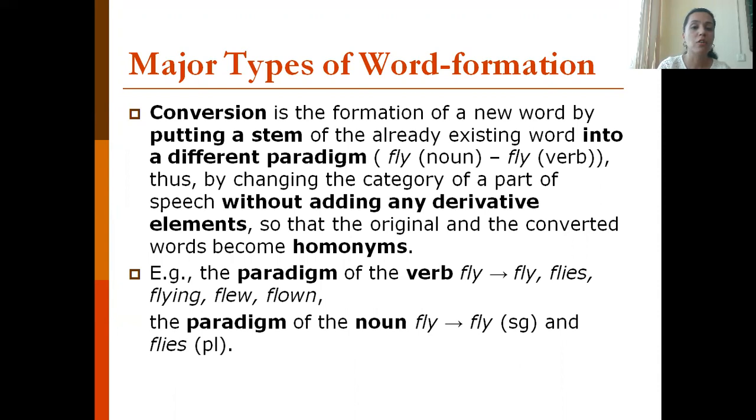So what is conversion? Conversion is a formation of a new word by putting a stem of the already existing word into a different paradigm. For example, fly can be noun and verb. Thus, by changing the category of a part of speech without adding any derivative elements such as prefixes and suffixes, the original and converted words become homonyms.